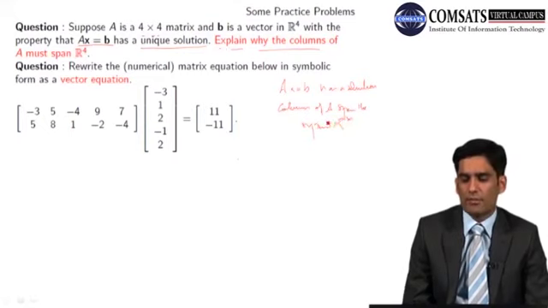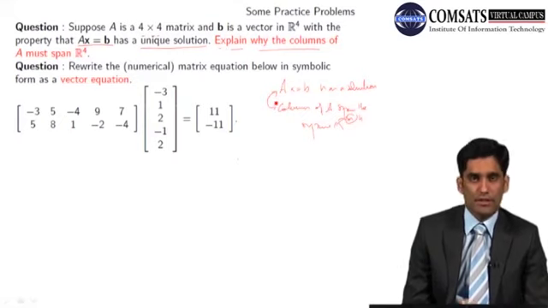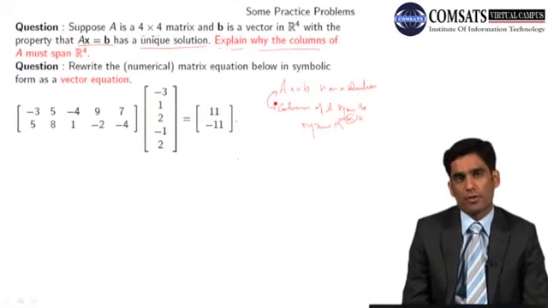In the previous lecture it was Rm, and here m is 4, so we have R4. So these 2 statements are logically equivalent. Logically equivalent statements are those statements where if one of them is true, then the other is also true. If one of them is false, the other is also false.